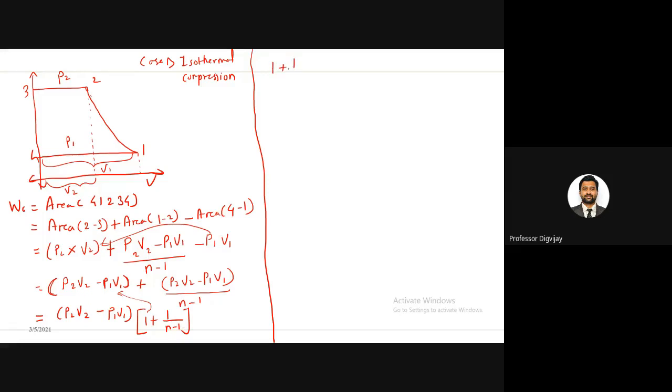This is like n minus 1 plus 1 divided by n minus 1, which will be n divided by n minus 1. So if I simplify, this compressor work will be equal to P2 V2 minus P1 V1 into n divided by n minus 1.